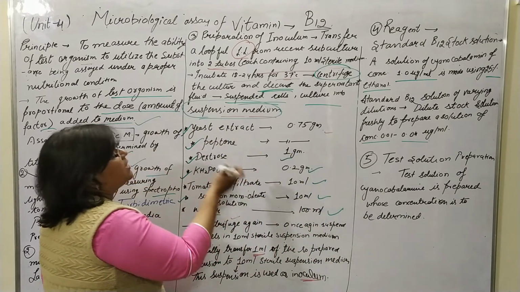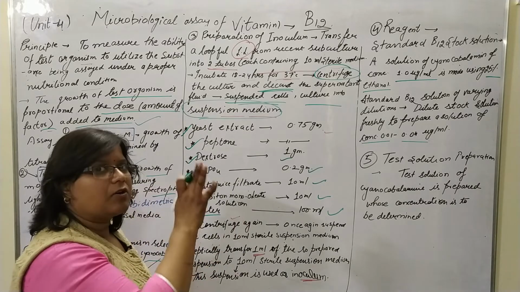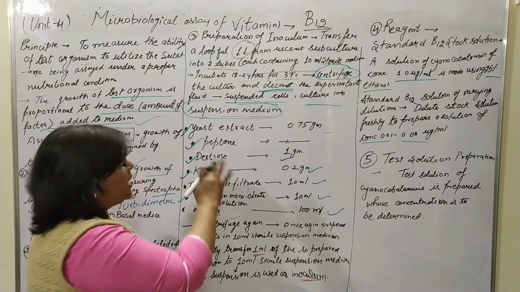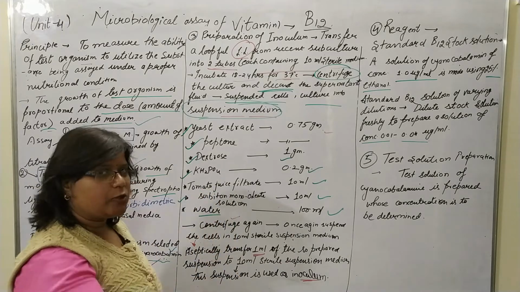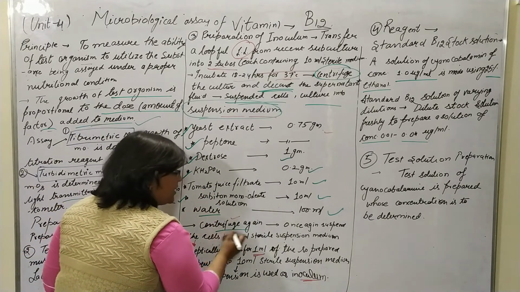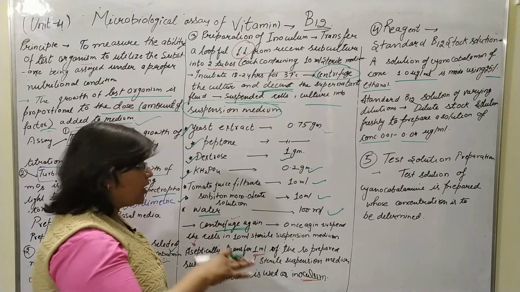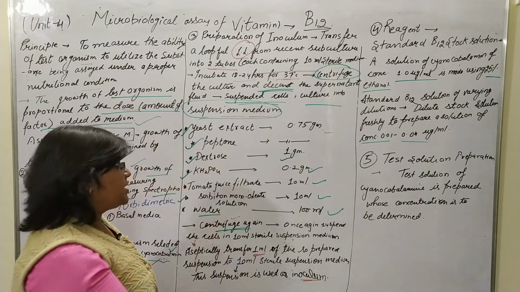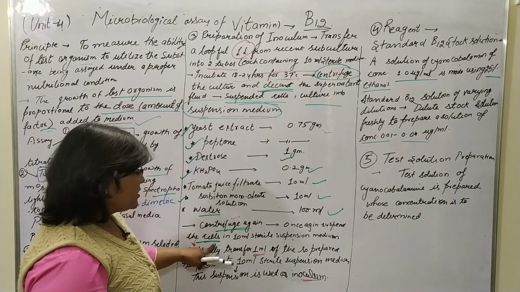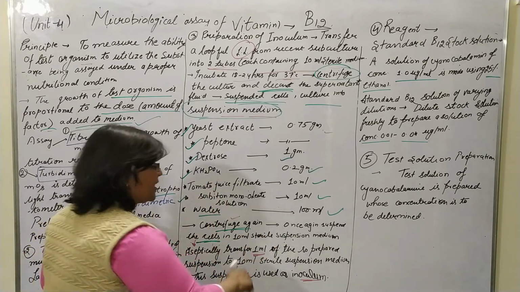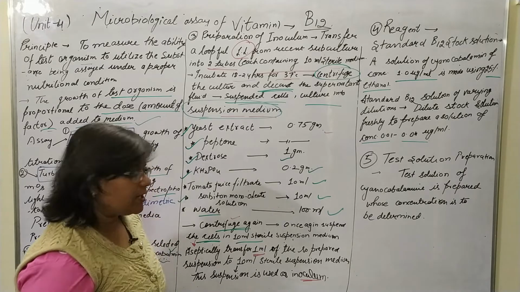This is the suspension medium composition. Again, after culturing into the suspension medium, incubate and centrifuge again. Remove the supernatant, collect the cells once more, and put them into 10 ml suspension medium.